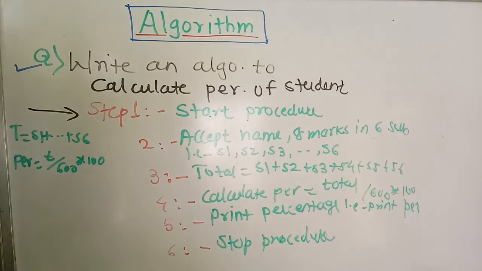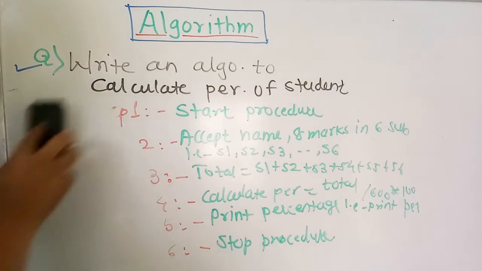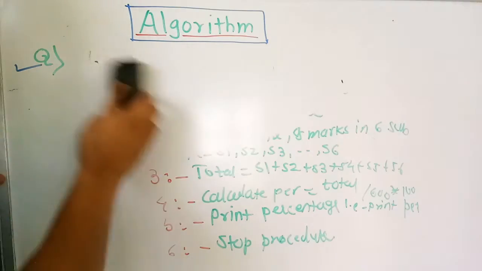We have to take the marks in the given subjects, then take their total, then divide by the total marks of those subjects and multiply by 100, which is the calculation of the percentage. So simply we listed our thinking in plain English statements, and this is known as an algorithm for that problem.